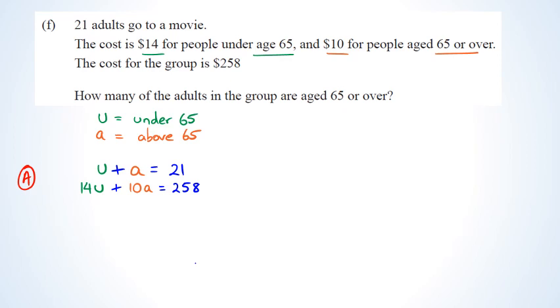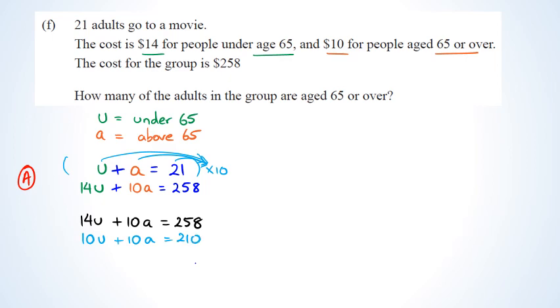Looking at these numbers, I've got 14 and 10. I'm going to choose 10 to work with, just because it's a lot easier to multiply by 10 compared to 14. So I'm going to write my second equation as it is, which is 14u plus 10a equals 258. Then I multiply the first equation by 10: 10u plus 10a equals 210.